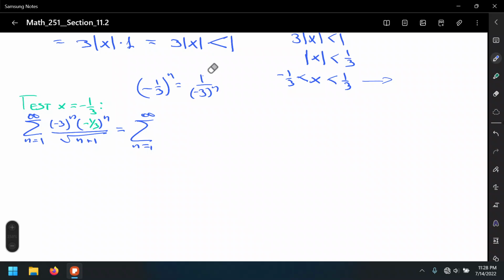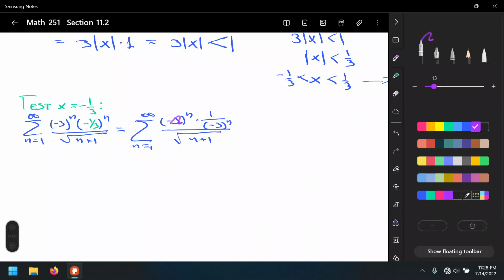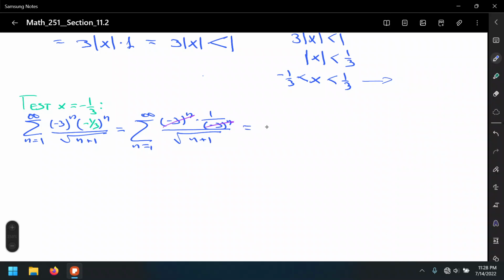Then 1 to the n is simply 1. So that's going to be negative 3 to the n times 1 over negative 3 to the n, the whole thing over the square root of n plus 1. And the good thing here is these two cancel out, leaving us with the sum from n equals 1 to infinity of 1 over the square root of n plus 1.